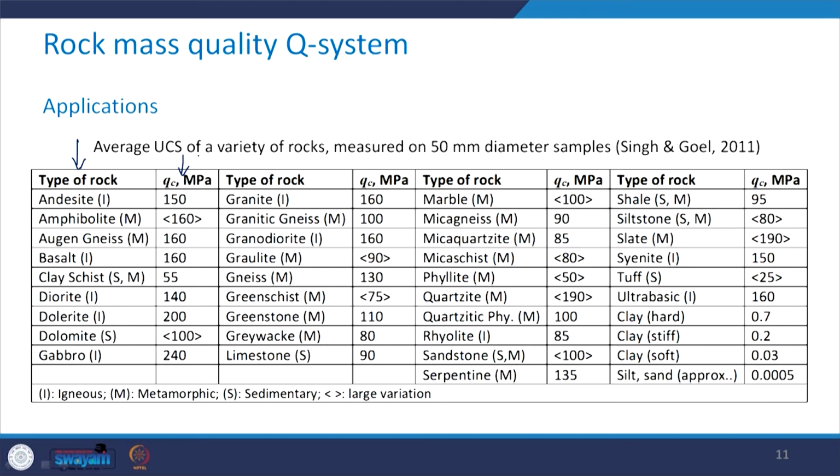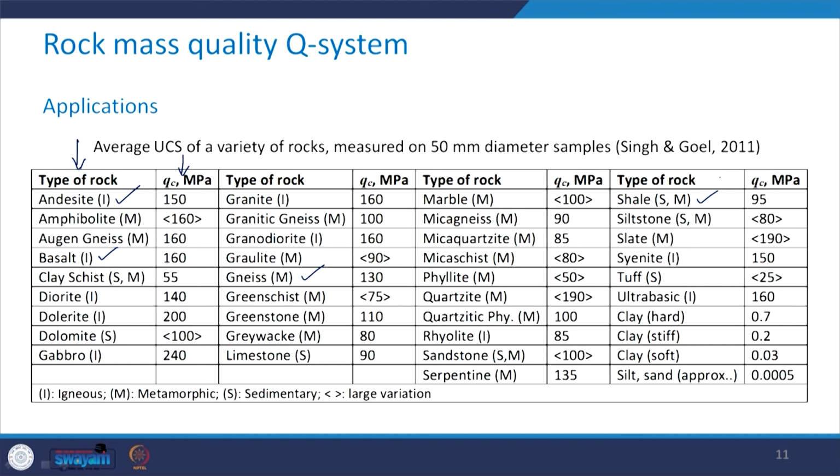The letters in the brackets like I, S, M, etc., stand for I igneous rock, M for metamorphic rock, and S for sedimentary rock. That means andesite is an igneous rock, basalt is an igneous rock. Similarly, gneiss is metamorphic rock, and shale can be sedimentary or metamorphic, and accordingly their values of the UCS have been given.